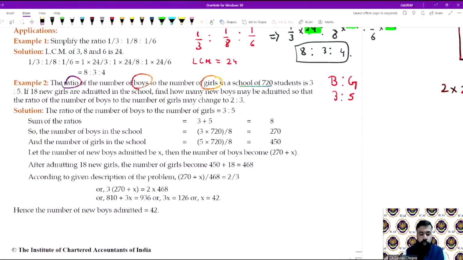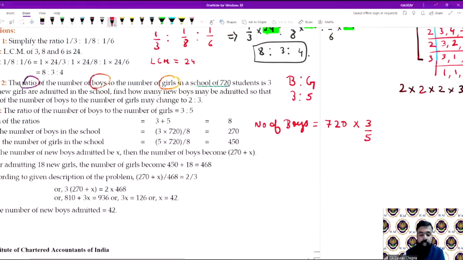So what we can do, we can see how many boys and girls are there at present in the school. So we can write number of boys in the school. 720 is the total, and boys and girls are in the ratio of 3:5. So we can divide 720 in 3:5.